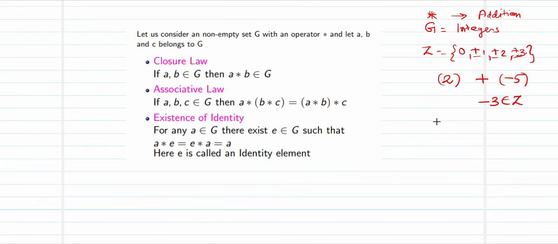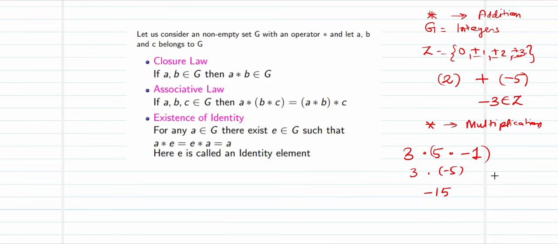If I take the same set of integers and the binary operation of multiplication, and I pick three elements from here, say 3, 5 and minus 1, and I do the binary operation 3 into 5 into minus 1, so it is 3 into minus 5, and minus 5 into 3 makes it minus 15.